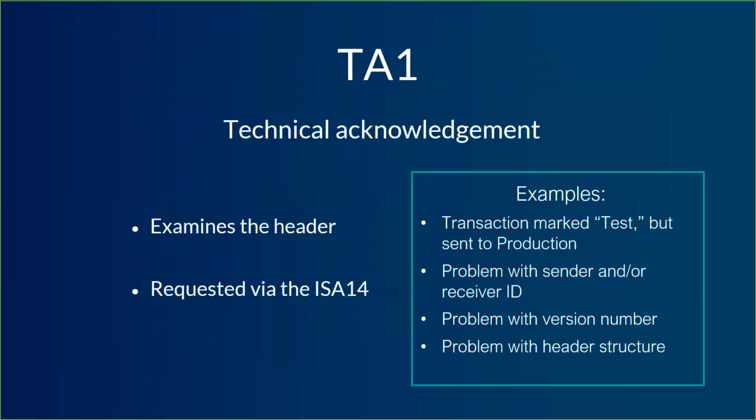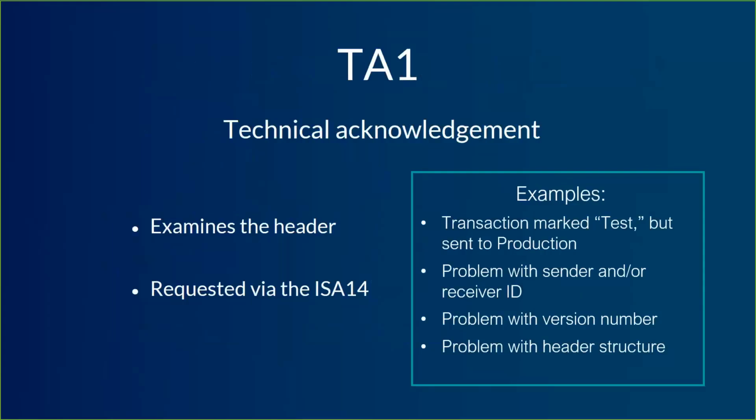There could be a problem with a sender or receiver ID, and the problem could be a number of different things. It could be the wrong number of digits. It could be missing a dash or have an extra dash somewhere. It could just be that even though everything is technically correct, the receiver just doesn't recognize the sender. They say, well, we don't know who this is. We're not taking that claim in. So those could all happen on a TA1.